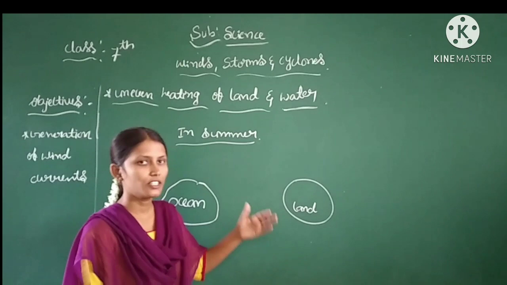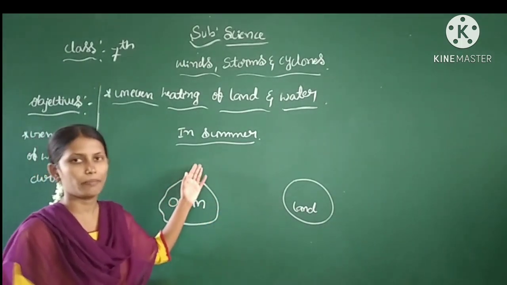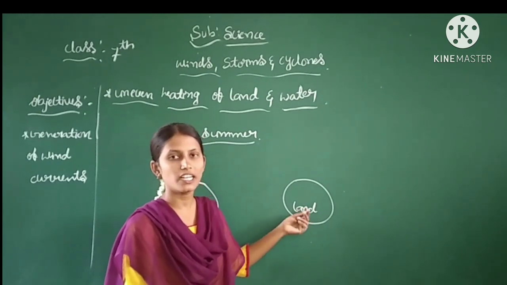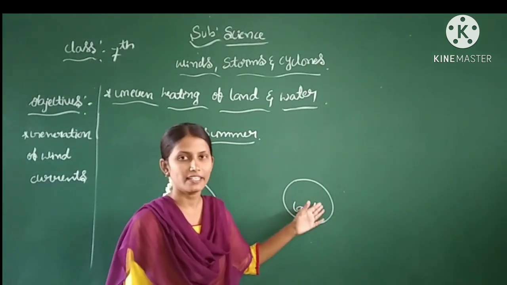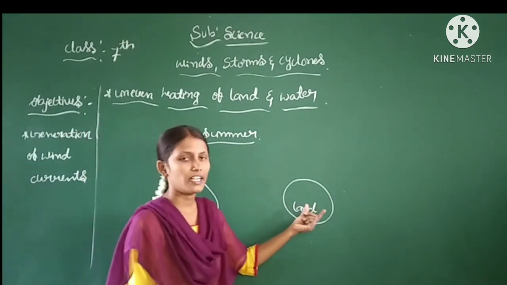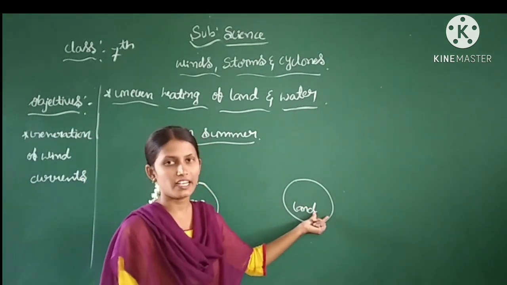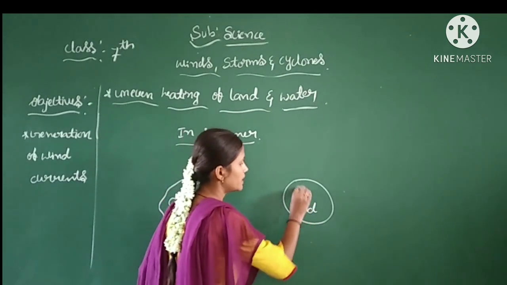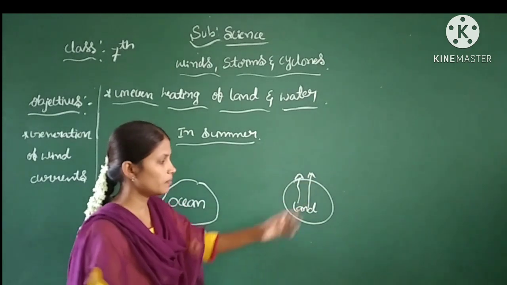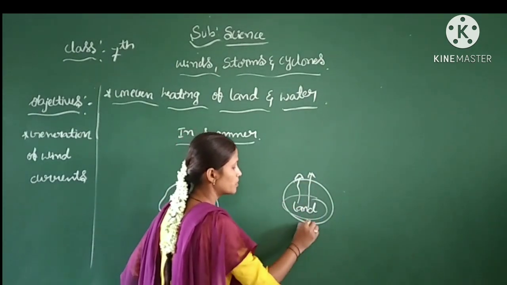Okay, we have observed what happens during the summer season. Sunlight falls directly at the equator, so the equator has a higher temperature compared to the oceans. The air at the land becomes warm and rises up, creating low pressure areas.